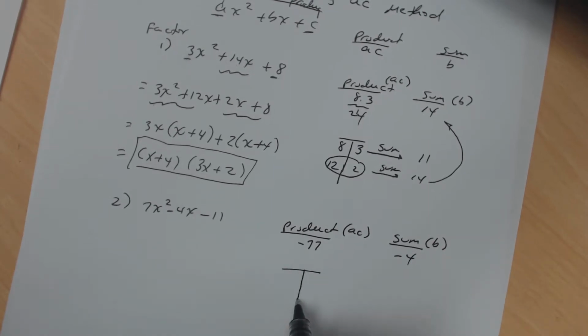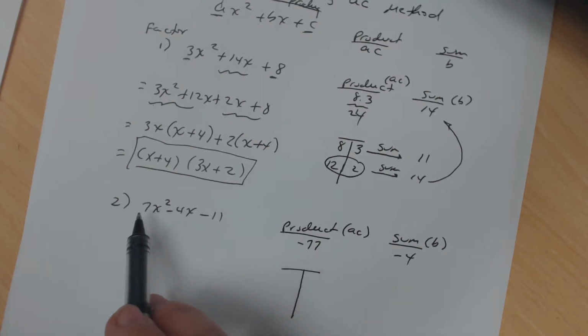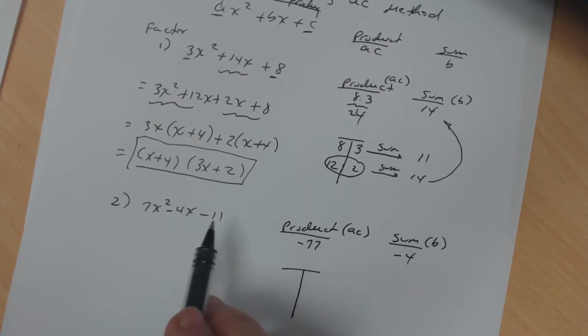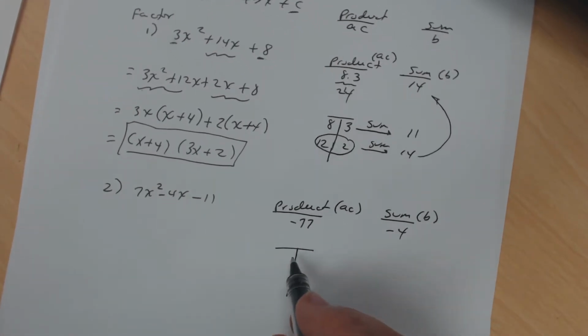I'm going to find two numbers whose product is negative 77, because if A is 7 and C is negative 11, I get negative 77, and whose sum is the coefficient of the middle term, B, in this case negative 4. Now remember, this is negative, so one of these numbers has to be positive and the other has to be negative.